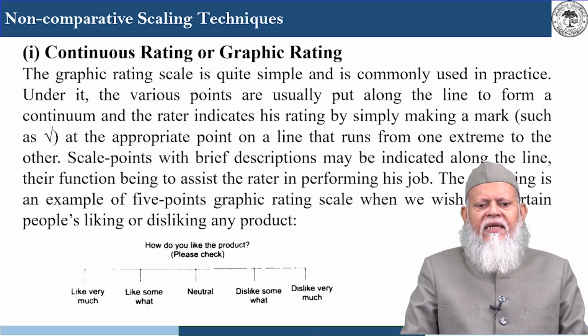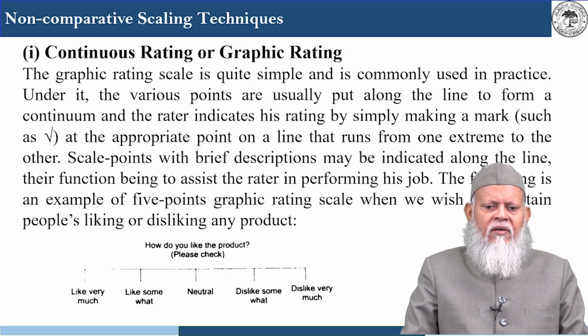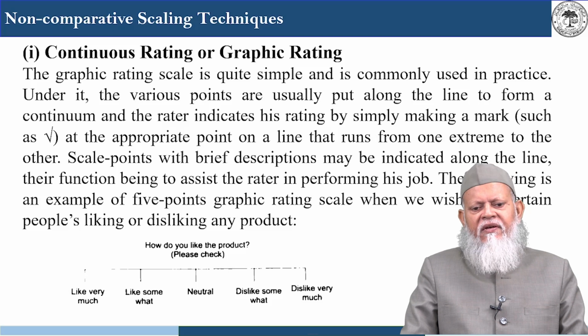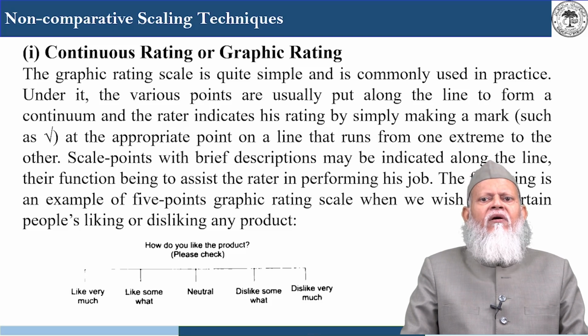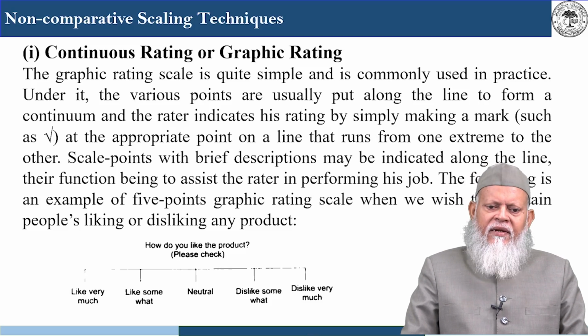The following is an example of a 5-point graphic rating scale when we wish to ascertain people's liking or disliking of any product. So this is the 5-point graphic scale which we have given to a respondent for, say, a brand of milk, a brand of butter.